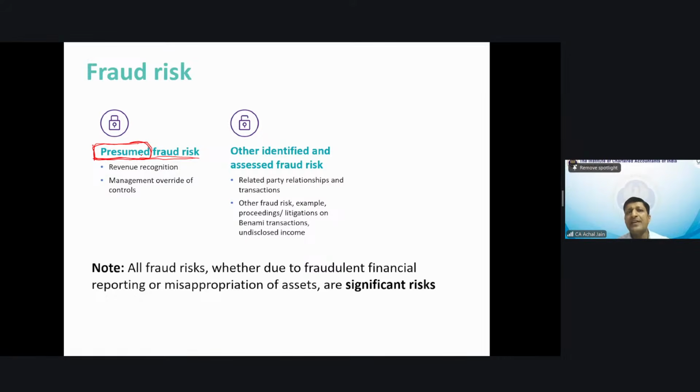So that's why when it comes to areas like revenue recognition, again, a very, very important area in the financial statements, and management override of controls, therein the auditor will not check whether there's a fraud risk or not. Auditor will have to presume that the fraud risk is there and accordingly plan the audit procedures.